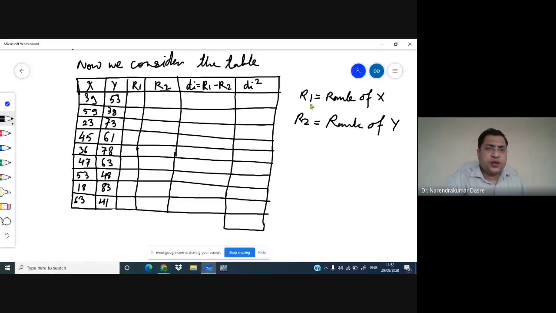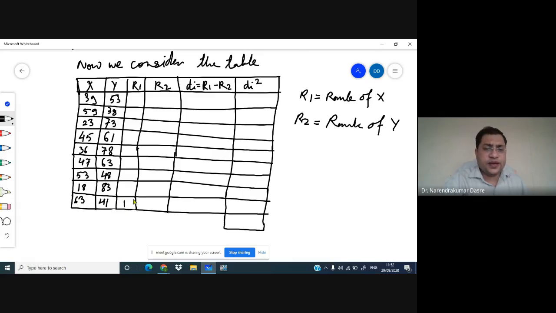We consider the X column only when giving rank to X. In the X column the maximum is 63, so it gets the better rank, that means rank one.